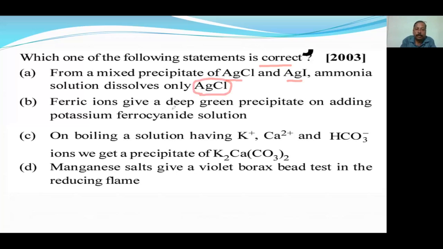Second, ferric ions give a deep green precipitate on adding potassium ferrocyanide. Next, on boiling a solution with K+, Ca2+ and HCO3-, we get a precipitate of K2CO3. Next, manganese salts give a violet color in the borax bead test in the reducing flame. So this is the question. Now you can try.